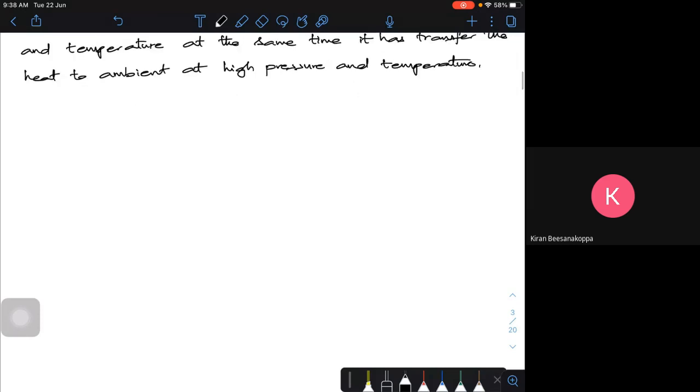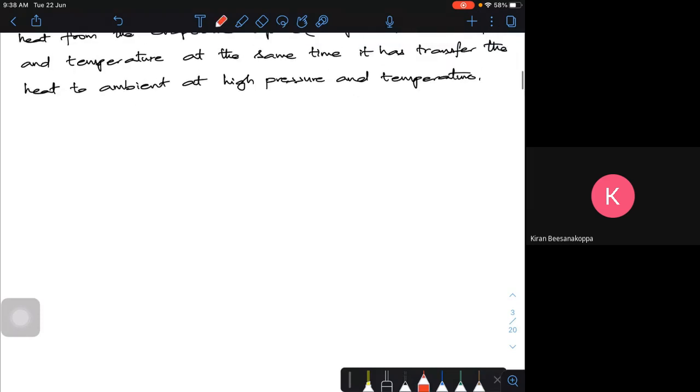Now let us try to write what the devices are, at low pressure and temperature.